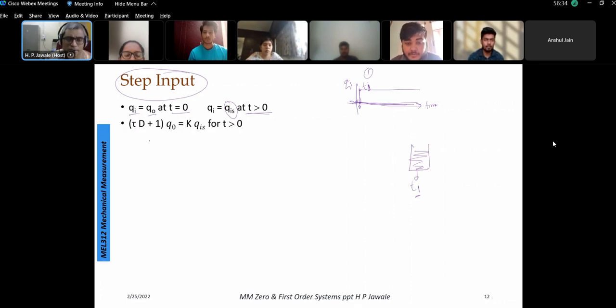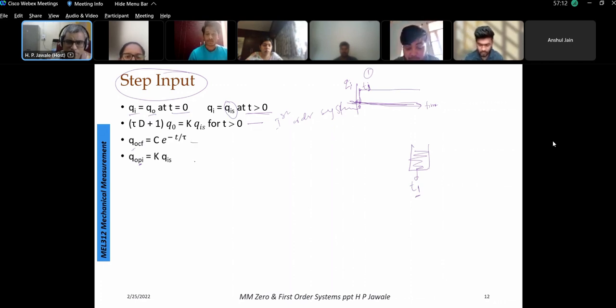So here the characteristic equation is (tau D plus 1) Q equals K Qis for t greater than 0. This is our generalized equation for the first order system. So here we will be getting two different parts of the output: the complementary function and the particular integral on solving this equation.